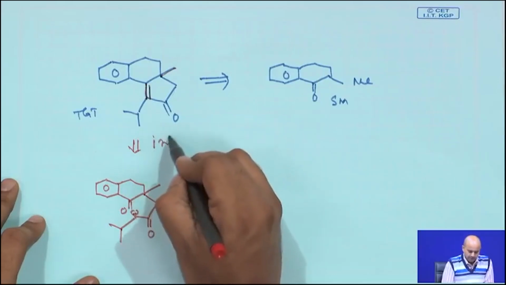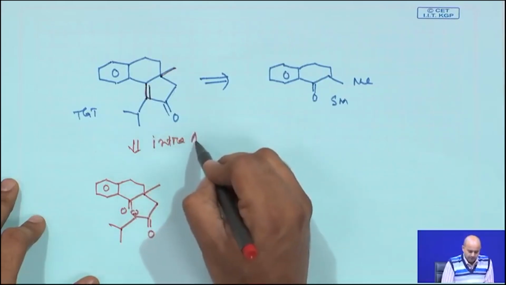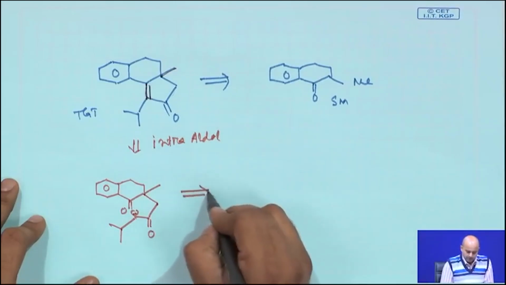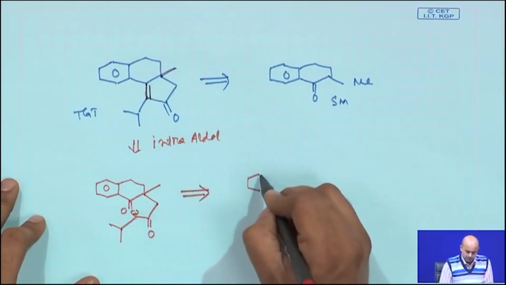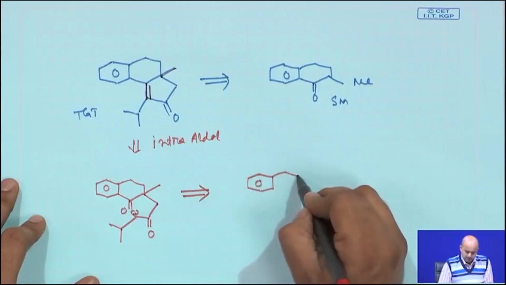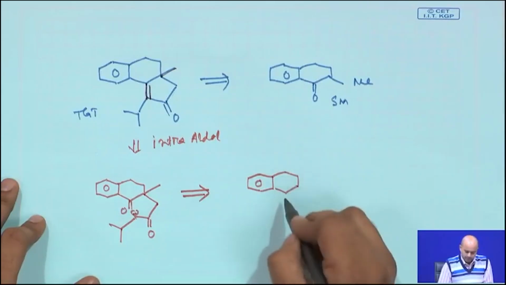So, basically I call it an intramolecular aldol. Okay. Now, try to correlate this with the given starting material, how you can make it.